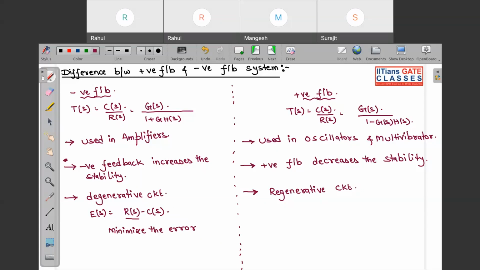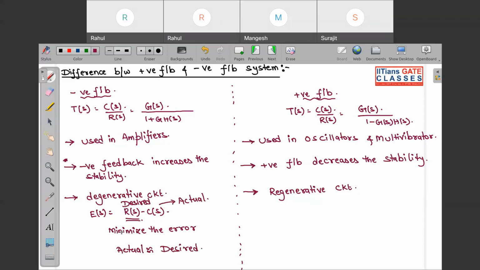Why? Because if you go back and see, R(s) is your desired output, and C(s) is the actual output. So your main aim is that your actual output becomes the same as, or equivalent to, the desired output.